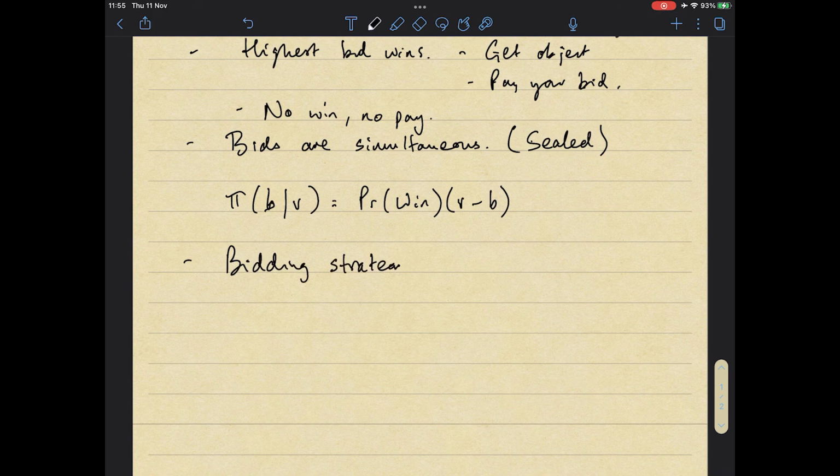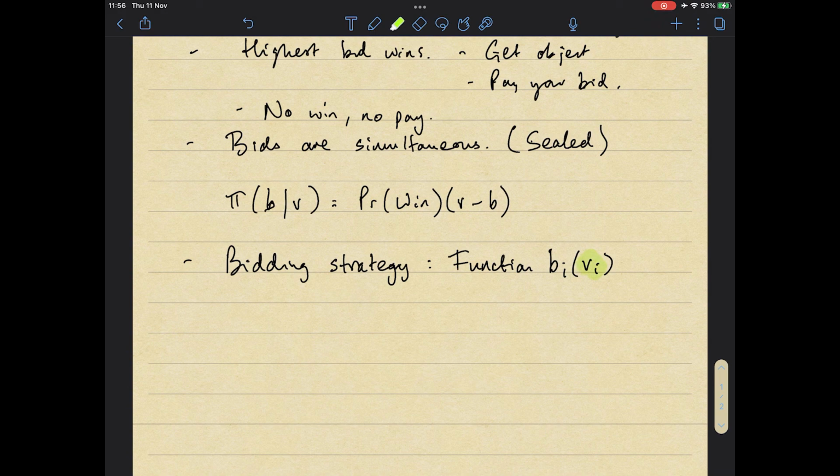Okay, you could think, well, I don't know this person's value, but I'm interested in the rule that they use in order to come up with their bid. Okay, so it would be a function. And I could write something like this, B as a function of Vi. Or I suppose I could write Bi, so we could all have our own particular bidding functions.